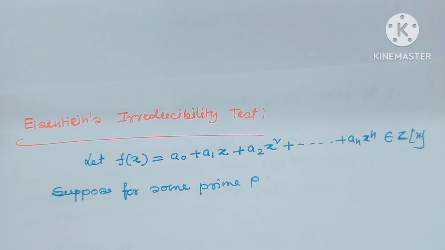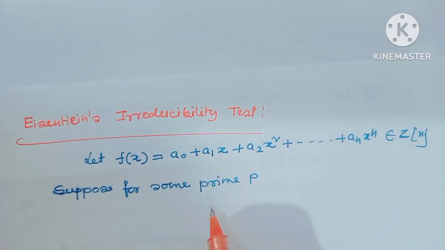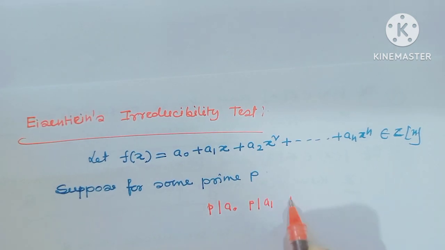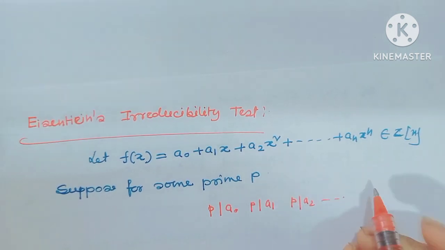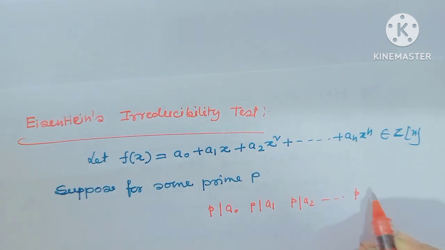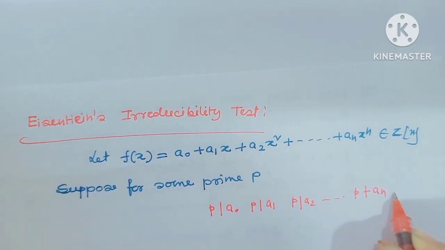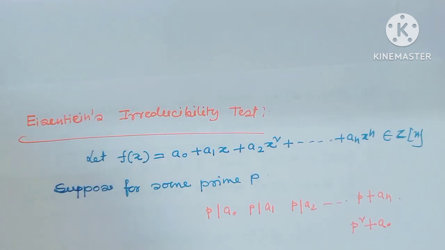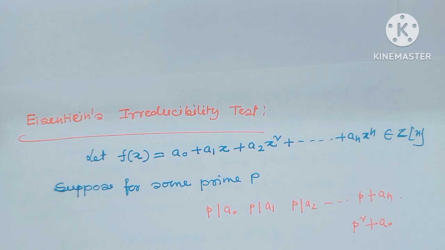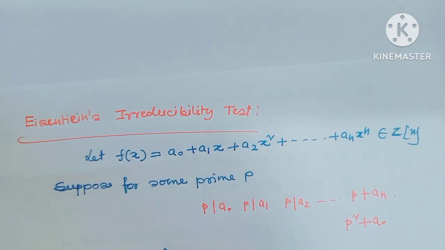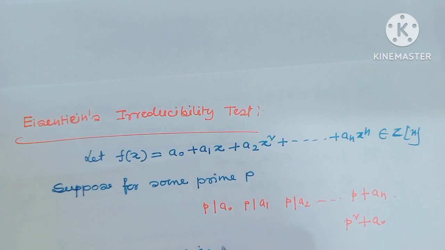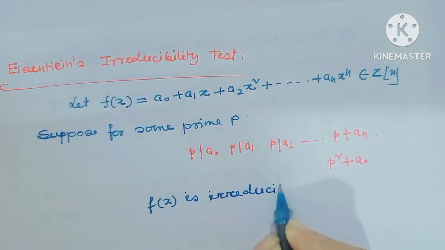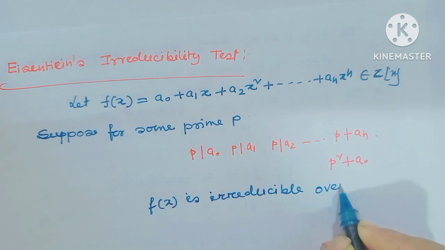Suppose that for some prime p, if p divides a0, p divides a1, p divides a2 up to a(n-1), if p does not divide an, also p square does not divide a0, then we can tell f(x) is irreducible over the polynomial over Q.